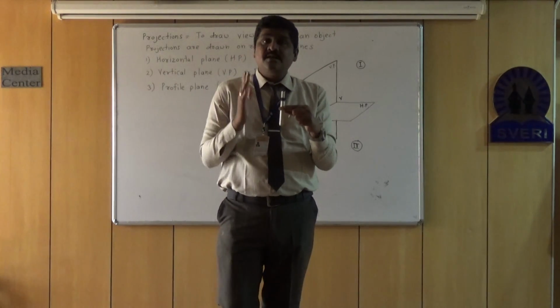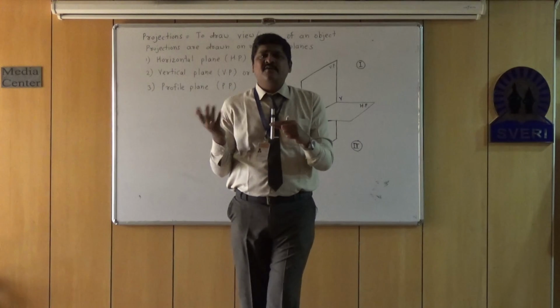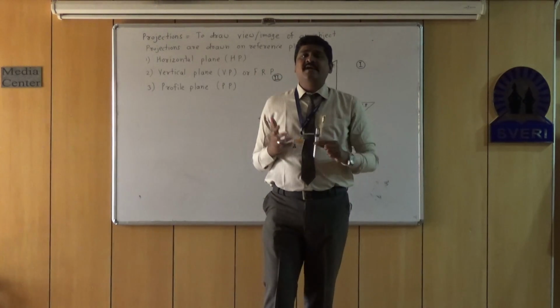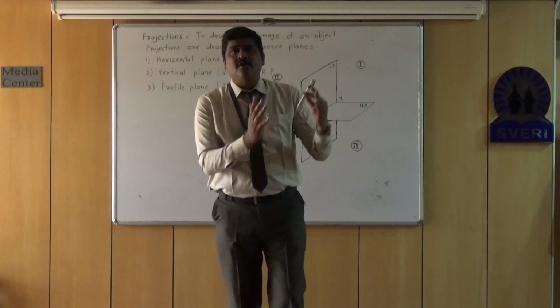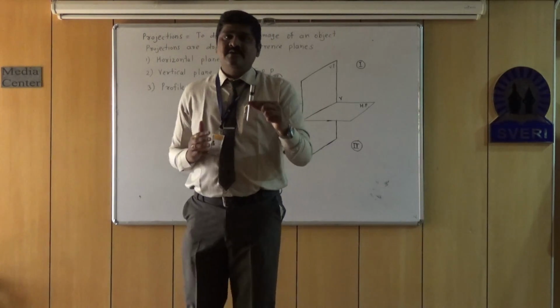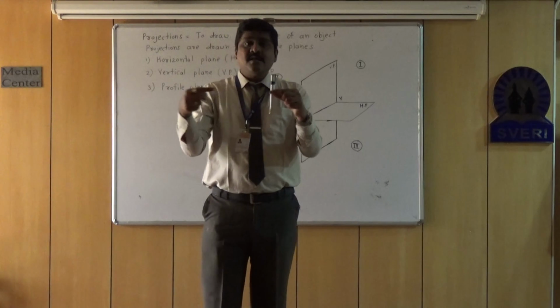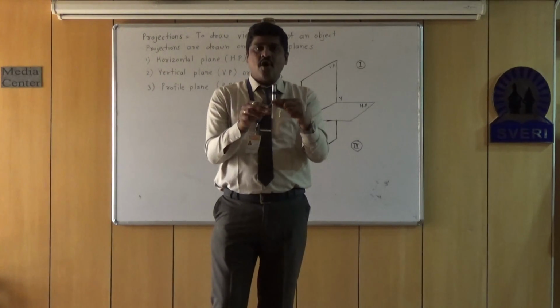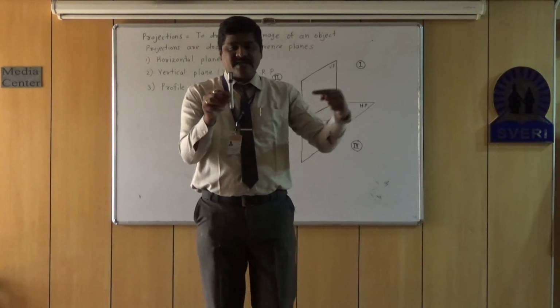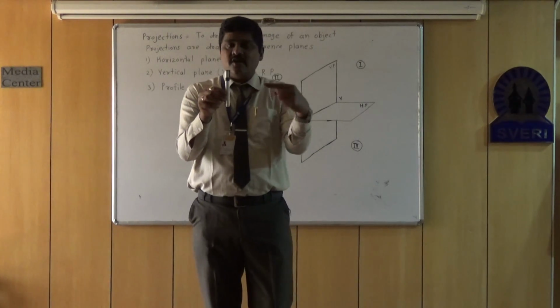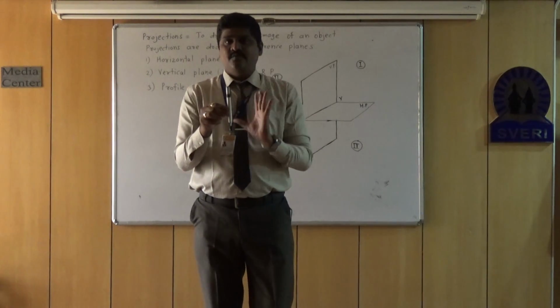So that is nothing but side view. The side view can be obtained in two ways depending upon the position from which the observer is viewing the object. So if you see the object from left side, it is called as left hand side view, or if the observer sees the object from right hand side, it is called as right hand side view.